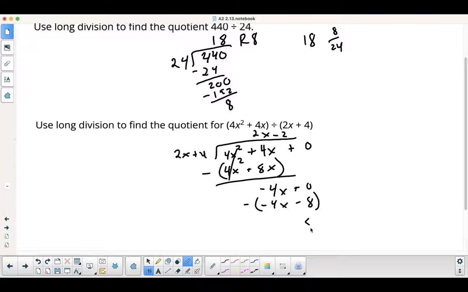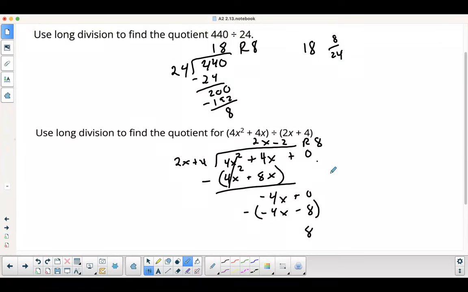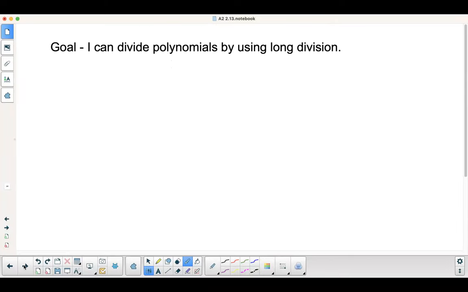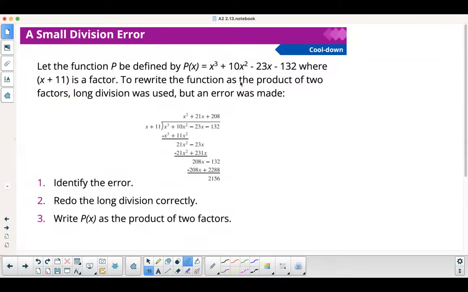So this becomes remainder of plus 8. So very similar to whole numbers, just now with polynomials. So goal, I can divide polynomials by using long division. I think so. All right.